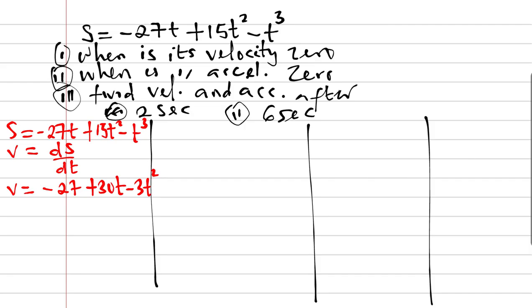So they now say, when is its velocity 0? That means when v is equal to 0, find t. How will you do that? For you to find t, you are going to say 0 equal to minus 27 plus 30t minus 3t squared.